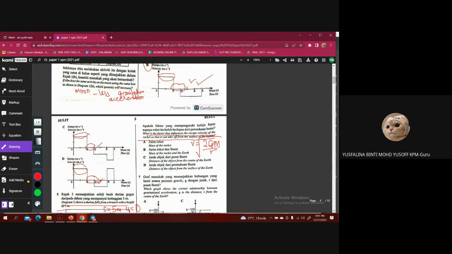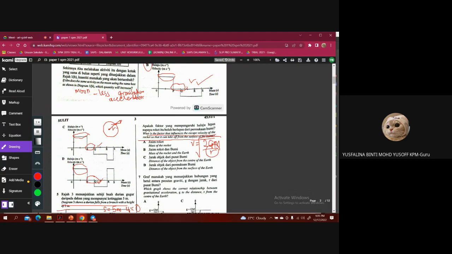So what is the one that can change? Of course, the r. Let's say this is the rocket, as an example. The radius is from the center to the rocket. This is the r.